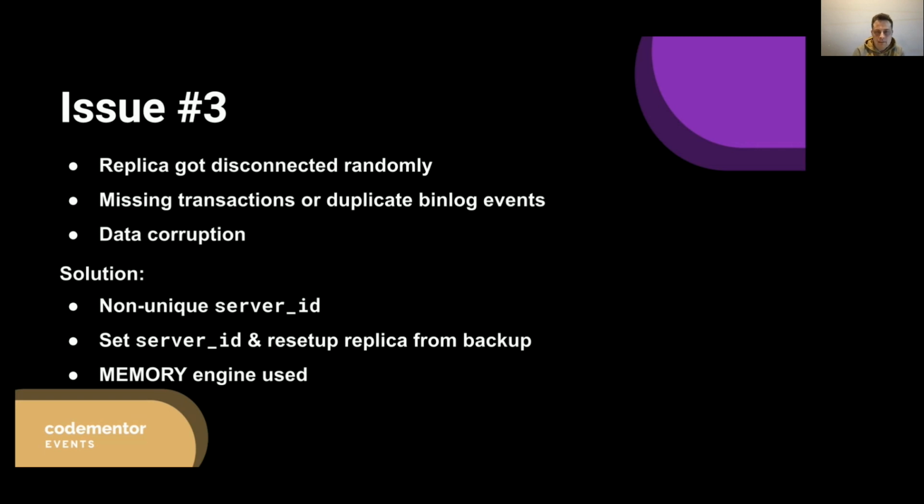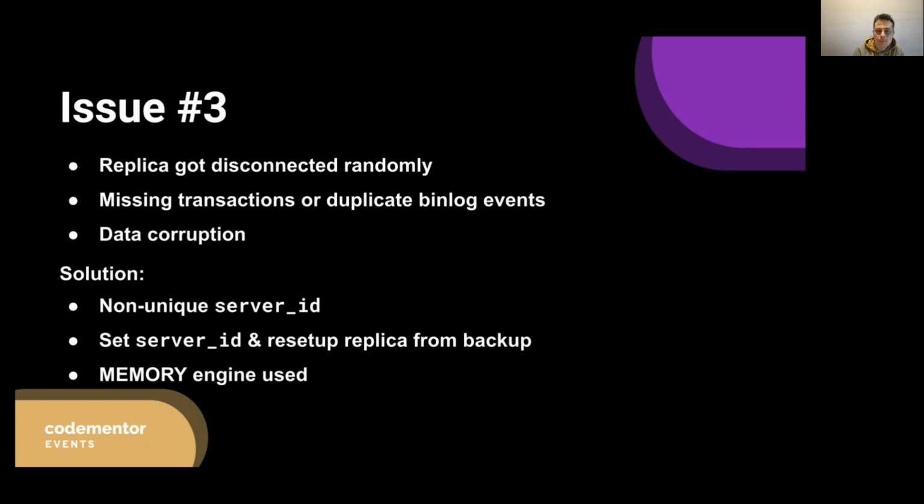And basically, I know at least two reasons for that. The first one is non-unique server ID, because when a transaction appears on a slave, the slave will think that these transactions were produced by this slave and shouldn't be applied again.